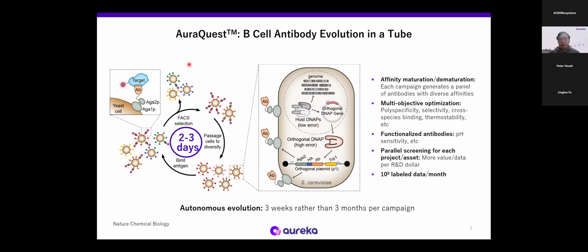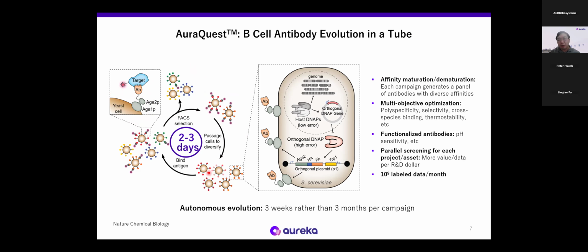So in this oral quest, we are using the yeast expression system to express the antibody or ligand of interest, detecting the binding affinity through flow cytometry and sorting out the good binders, and then passaging the cells to diversify.